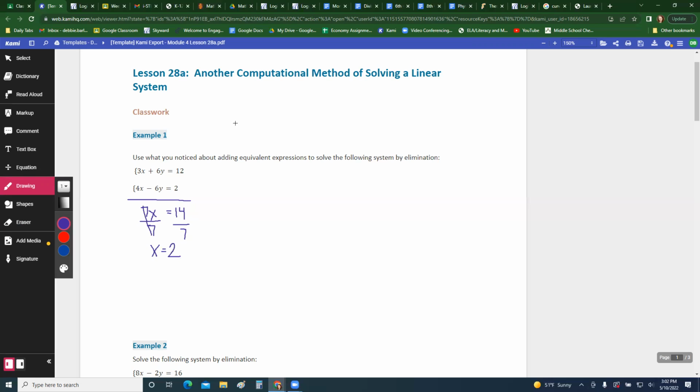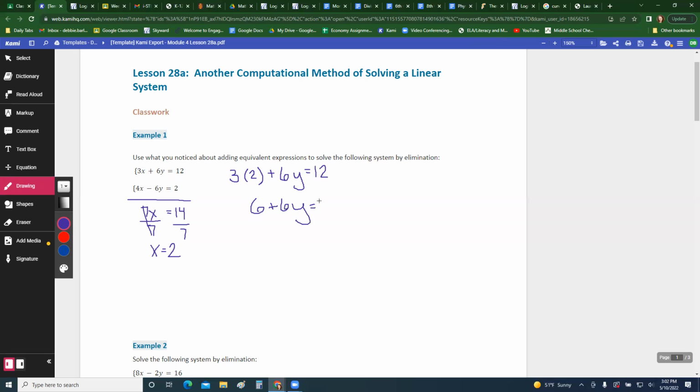And then if I want to know what y equals when x equals 2, I just pick an equation. I'm going to use this one because it's there. 3 times 2 plus 6y equals 12. So I end up with 6 plus 6y equals 12.